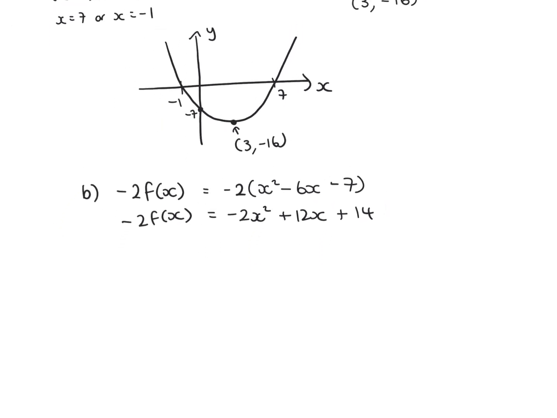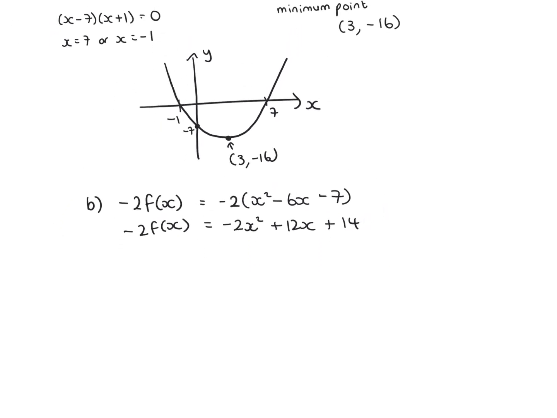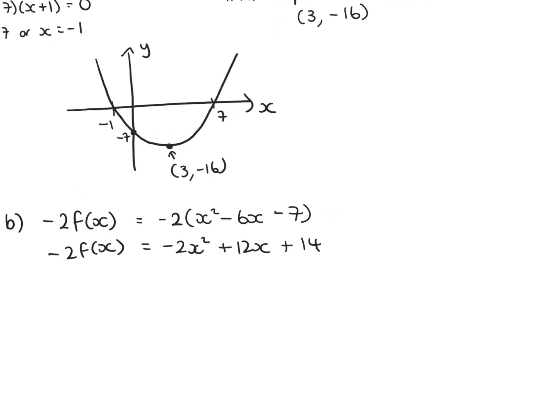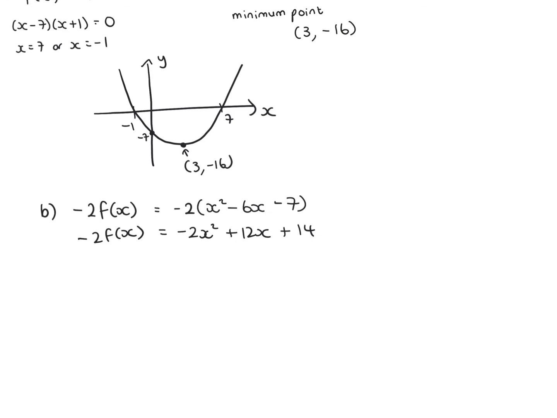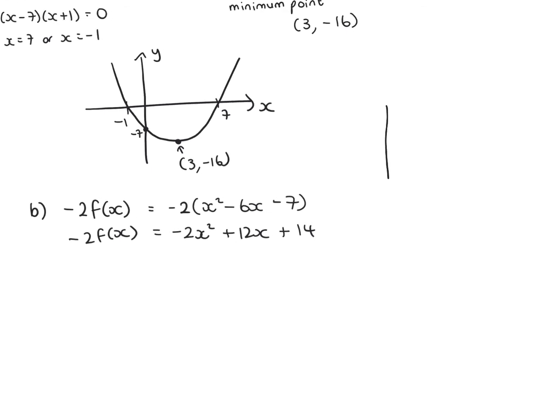And then it says sketch the graph of the equation you found, showing clearly the coordinates of any maximum and minimum points and where the curve meets the axes. So if I've done a vertical stretch by -2, the minus will have flipped it and the y coordinates will have doubled, won't it? So if I wanted to sketch this, it's going to have flipped over, so it's going to flip up this direction.